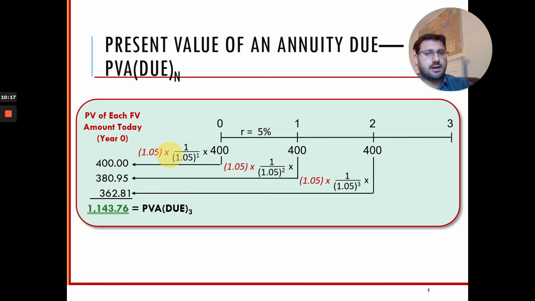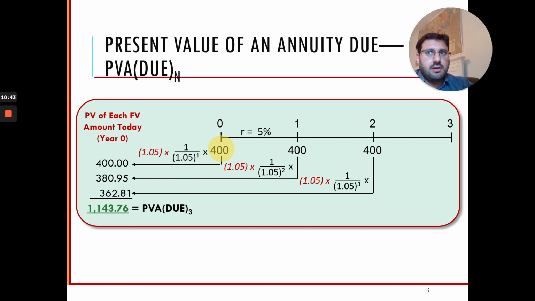If you are confused about this calculation, simply remember that 1 minus 1 is 0. So 400 divided by 1.05 raised to the power 0, and anything with a power of 0 is equal to 1. It's a basic mathematical concept. So the first 400 will not be discounted.